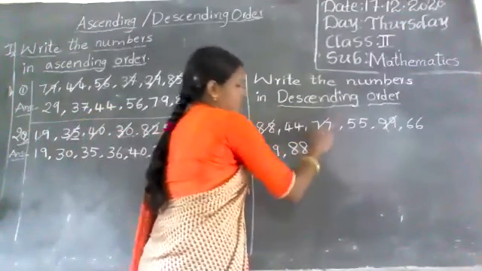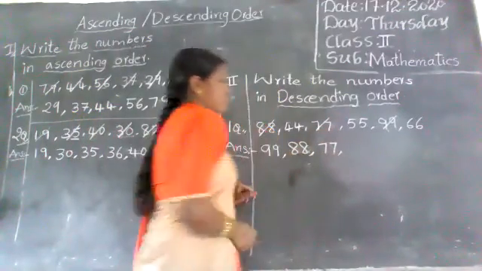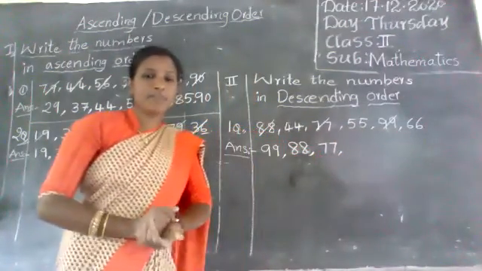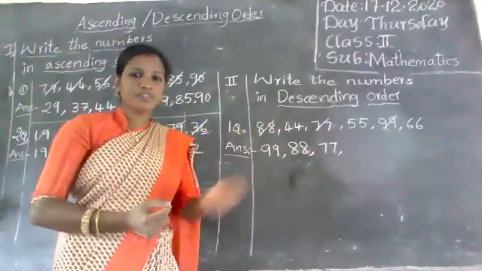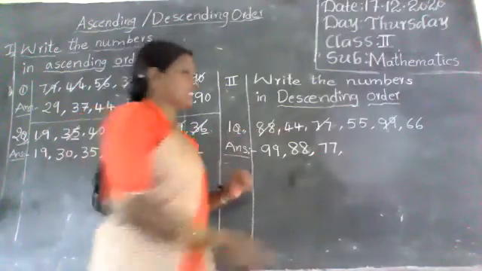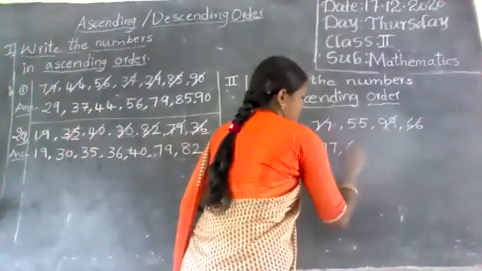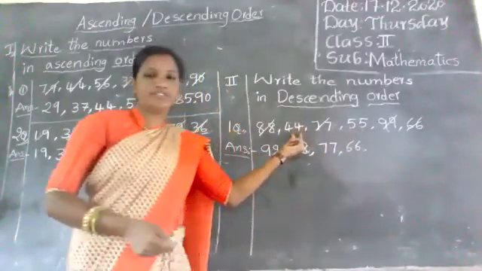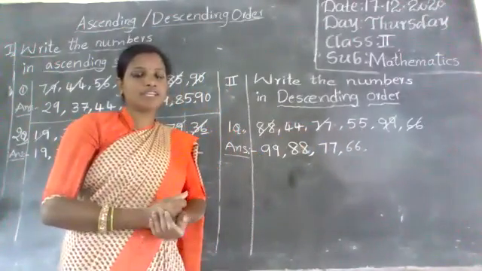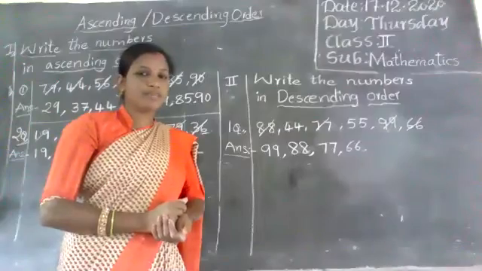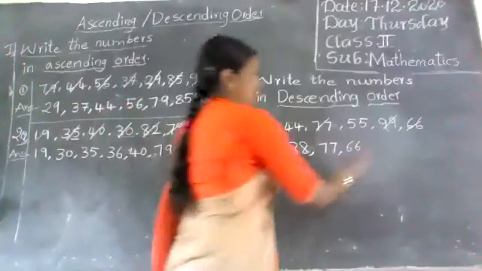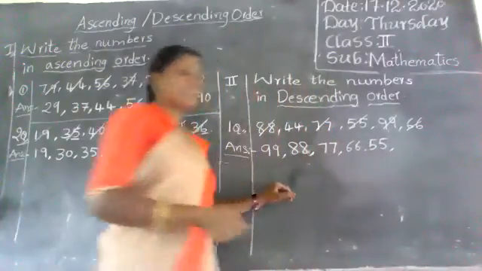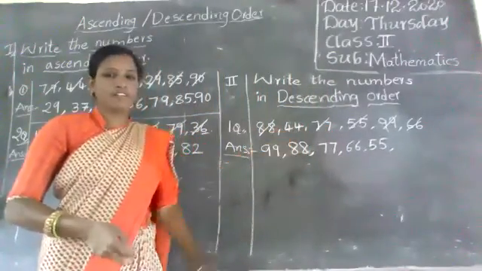So we cut this 77 and write it here. Next: 55, 66. Which is the biggest? 66. Next: 55, 44. In these two numbers, which is the biggest? 55. So cut this number and write it here. Last one is 44.